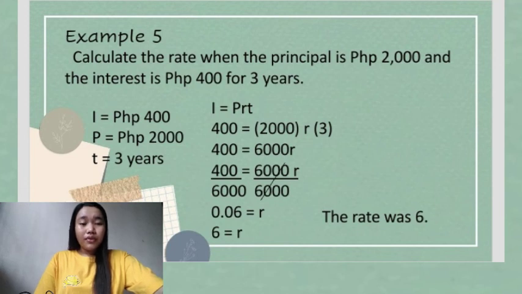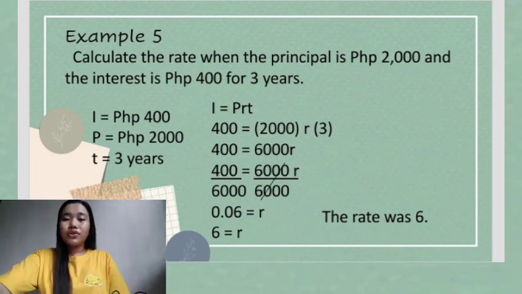So, bring down the 400 and 2,000 times 3 is 6,000. Then, divide both sides by 6,000. So, 400 divided by 6,000 is equal to 0.06. So, R is equal to 0.06.